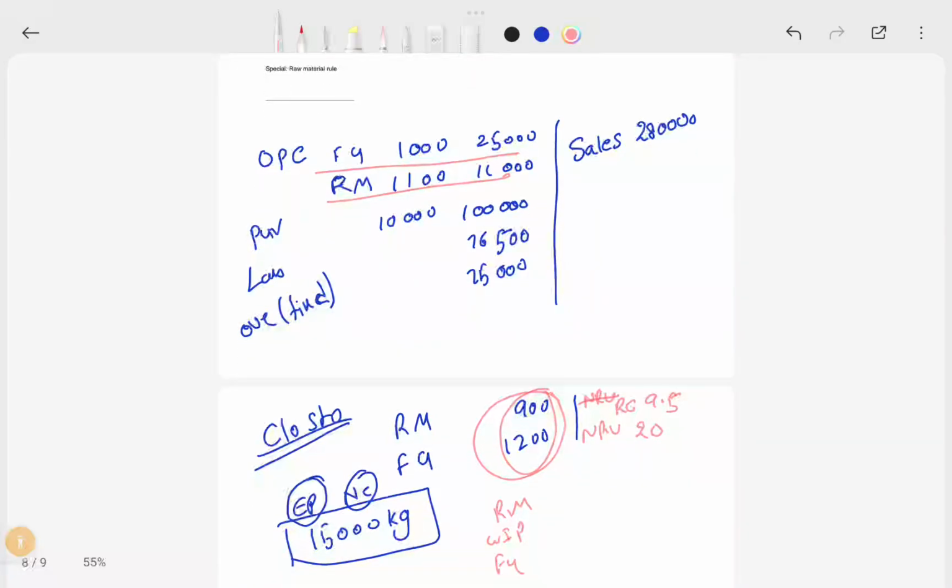What is the cost of purchases and what is the cost of goods sold? You need to see the cost of production, right? If you want to compare this and that, first there is a stock of finished goods, and there is a stock of raw material, and there is a stock of closing stock.